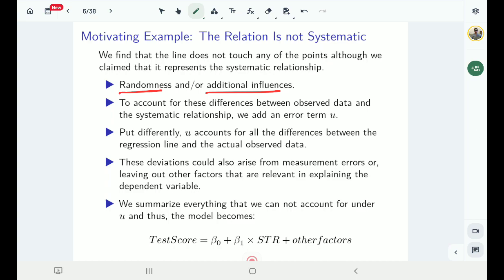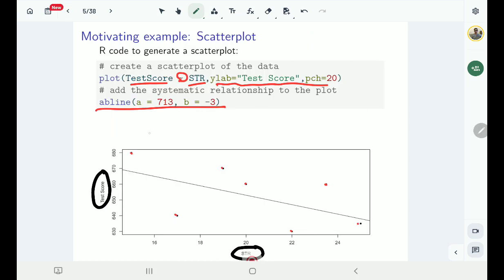Okay, those guys, randomness, additional influences, these are actually accounting for this difference between the observed data and the systematic relationship that we hypothesized. We hypothesized the systematic linear relationship, but it turned out that the real data is not that linear. Actually, we have this downward trend.